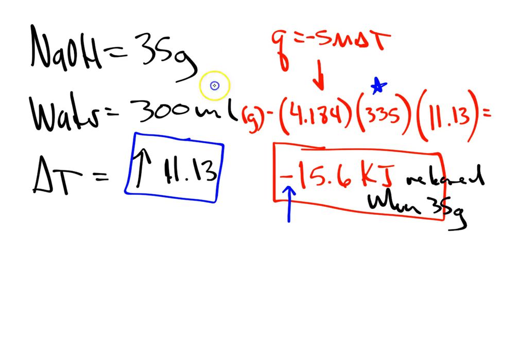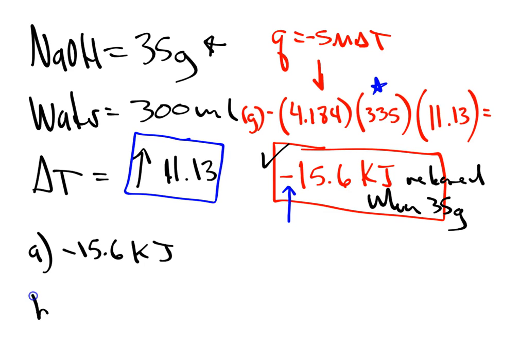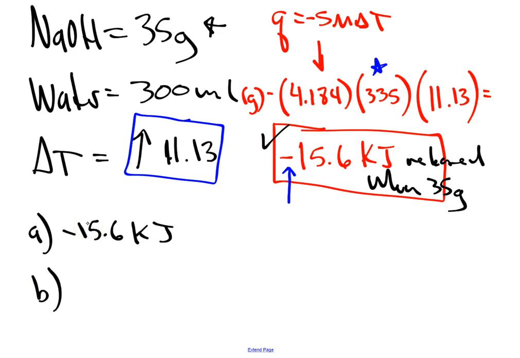Are we okay with what that really is? This much was released when that much dissolved. On a test, this will be asked to you. That will be A, and you would put negative 15.6 kilojoules. B would ask you to do the following. And just don't panic yet or at all.